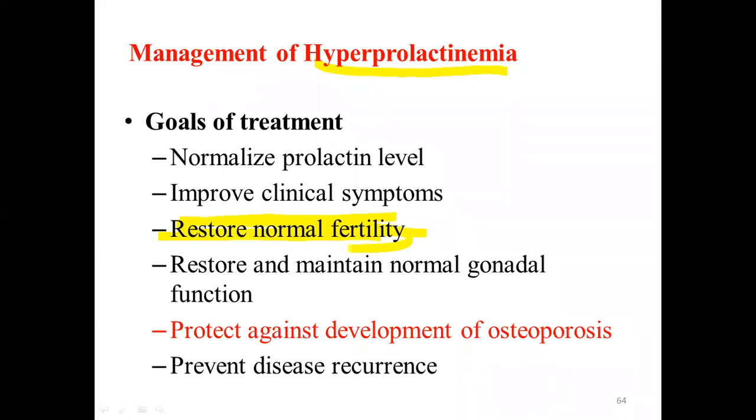Let me ask you a question. Is there any relationship between osteoporosis and a high level of prolactin? If a patient has a high prolactin level, is there a risk of osteoporosis? What is the relationship between the two?